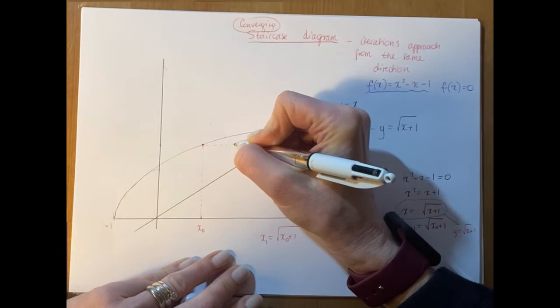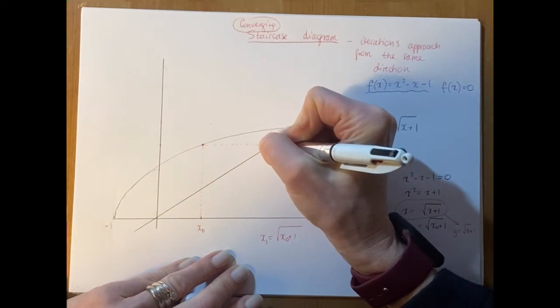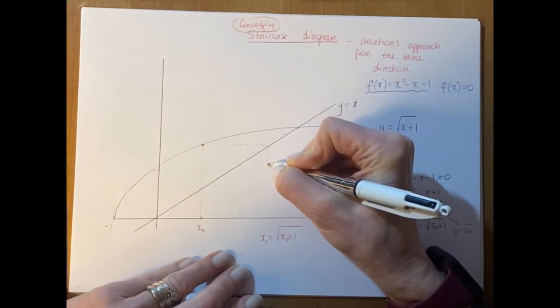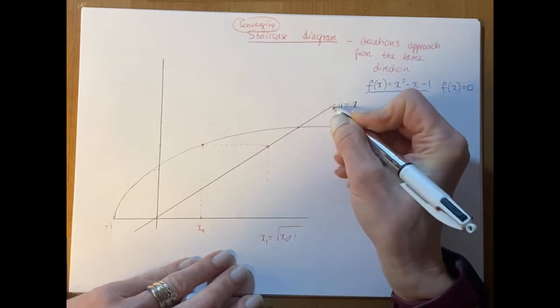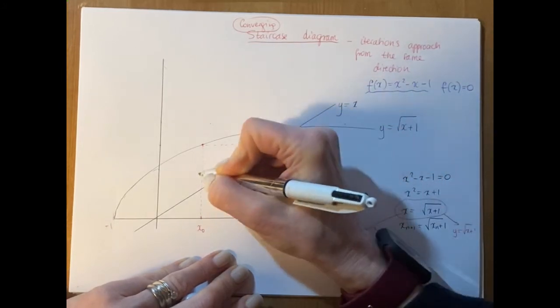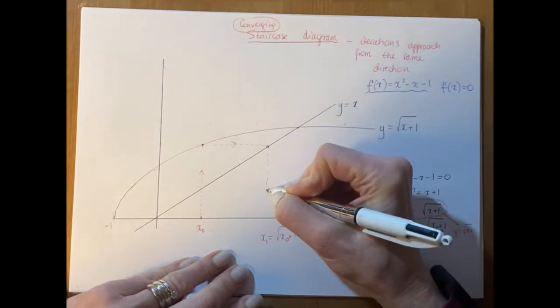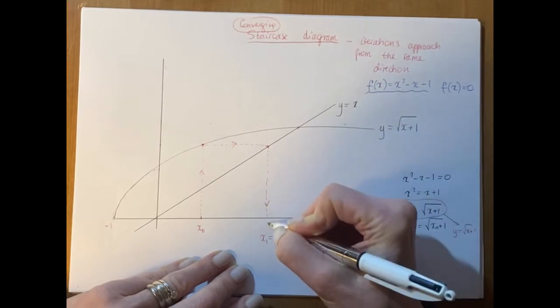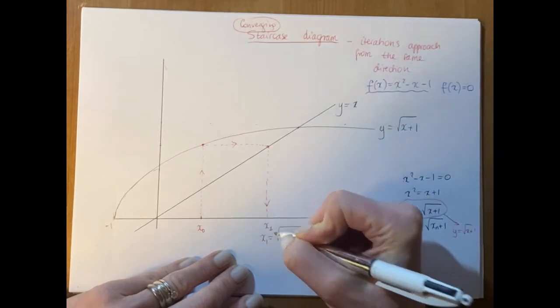But why is it x1? Because when you move it across and then you sub it back in, the y is equal to x. Your y values are going to become the x values. So you've got x1 over here.